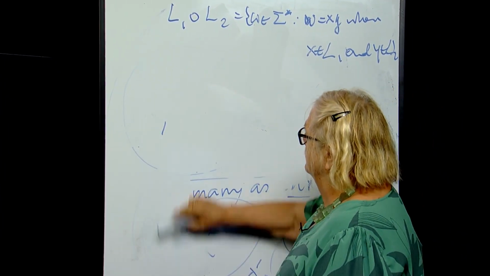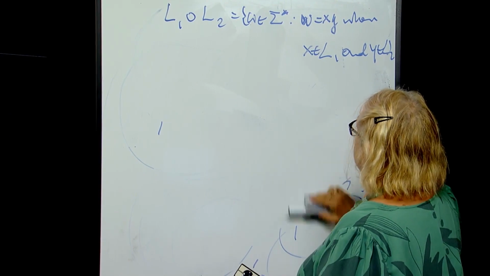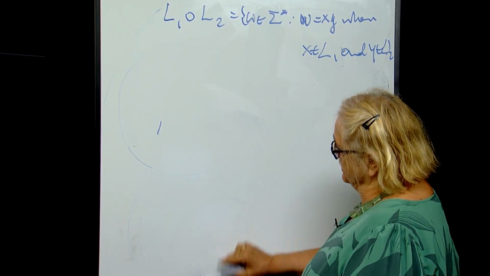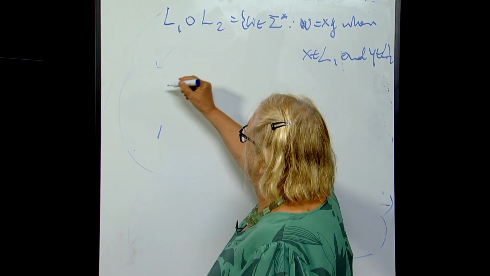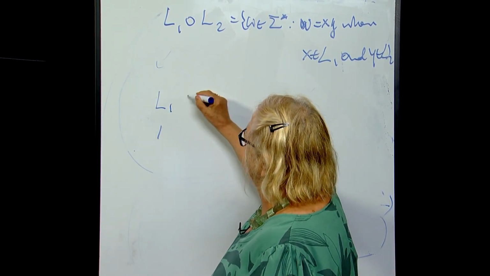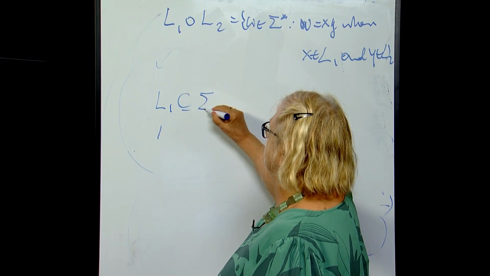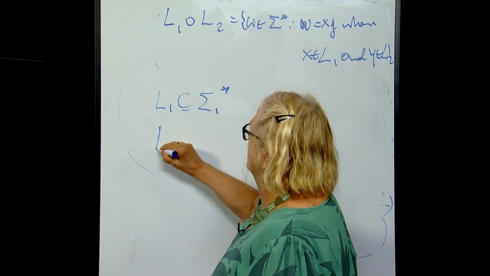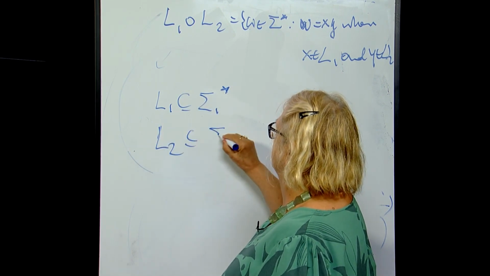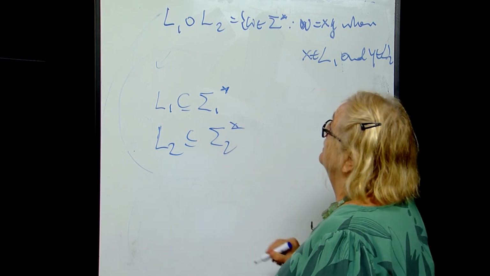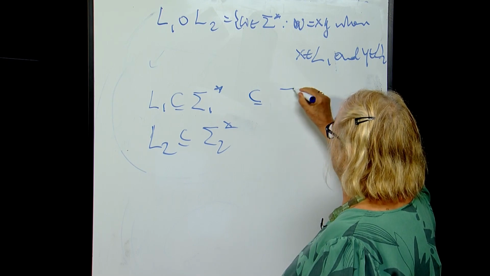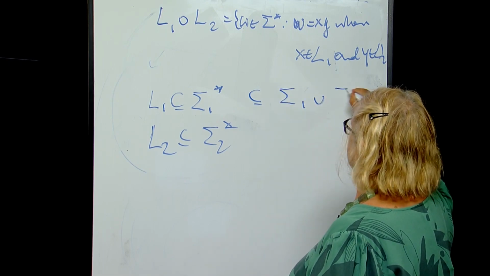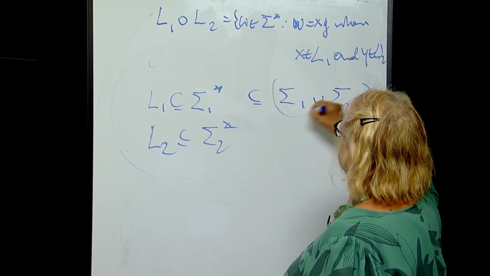And also, of course, when you look at this, I said sigma star, but languages can have different alphabets. So you can always say that language 1 is a subset of sigma 1 star, and language 2 is a subset of sigma 2 star. So for concatenation, you can always say that this is a subset of sigma 1 union sigma 2, or a bigger set.